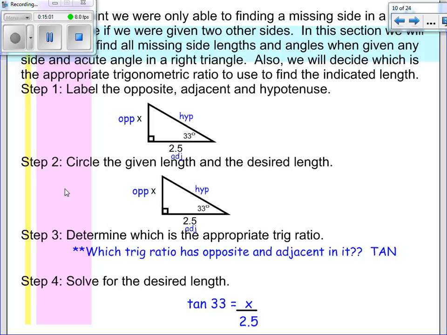The first step is label your triangle. The second step is circle the side lengths you're given, which doesn't make much sense right now. The third step is pick a trigonometric ratio. Doesn't make much sense to you right now. And the fourth step is solve it. These are the steps that we're going to follow, but you actually have to do it to be able to understand what's going on. So we're going to do the first one together. The next two are going to be on you.